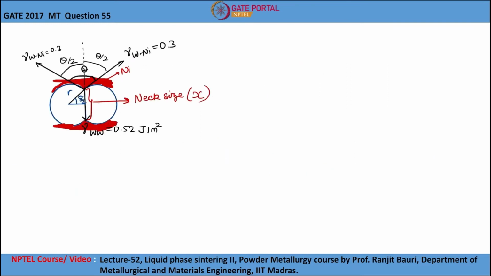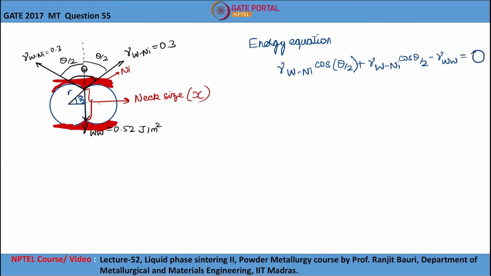So let us find the value of theta by 2, for which we need to write down the energy equation: gamma tungsten nickel into cos theta by 2 plus gamma tungsten nickel cos theta by 2 minus gamma tungsten will be equal to 0.